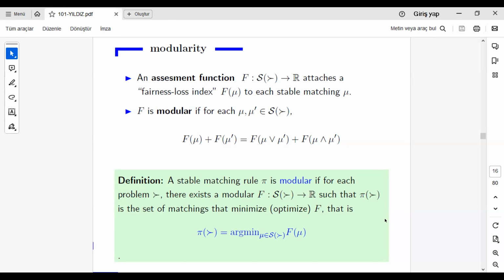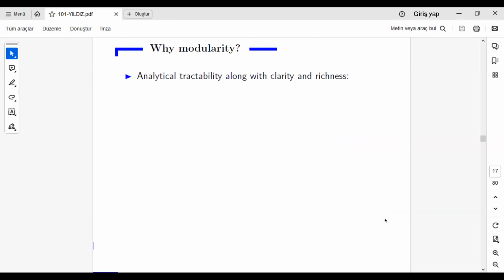Let's call such a stable matching rule modular if it can be gotten by minimizing a modular assessment function. If for each problem, the solution set is the minimizer, among all stable matchings, of a function f that is modular over the set of stable matchings.